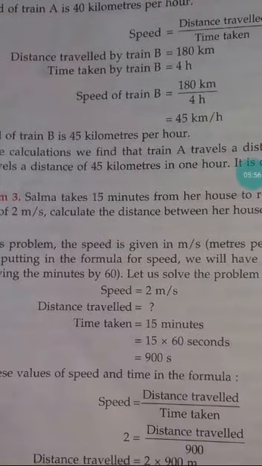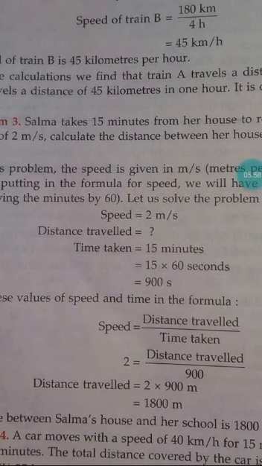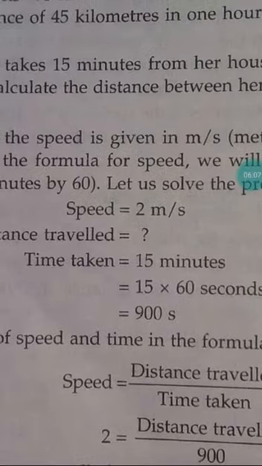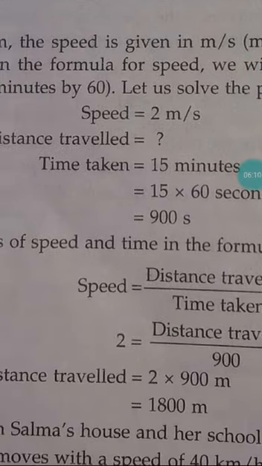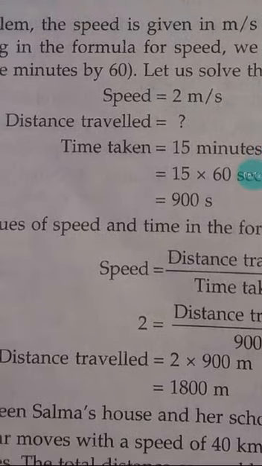So distance traveled will be 2 into 15 into 60. 15 into 60 is 900 seconds. Then our distance traveled is 2 into 900 meters. Second and second cancel, so that is 1800 meters. So Salma's distance from house to school is 1800 meters.